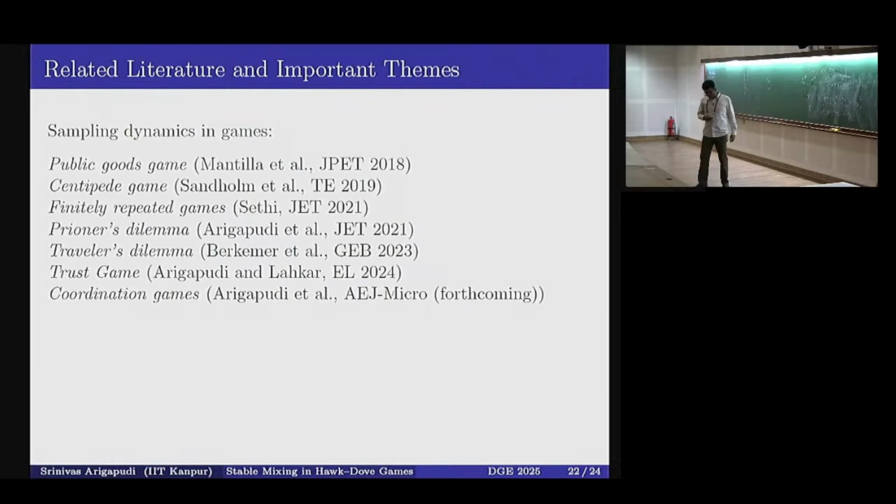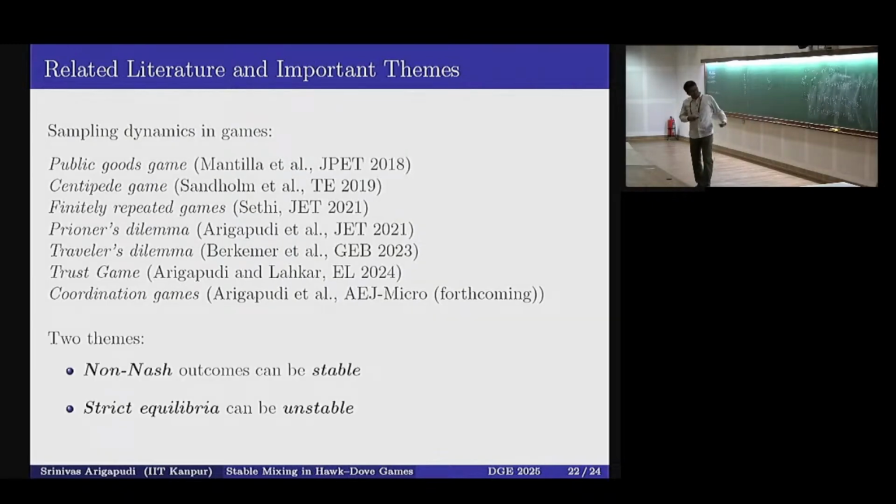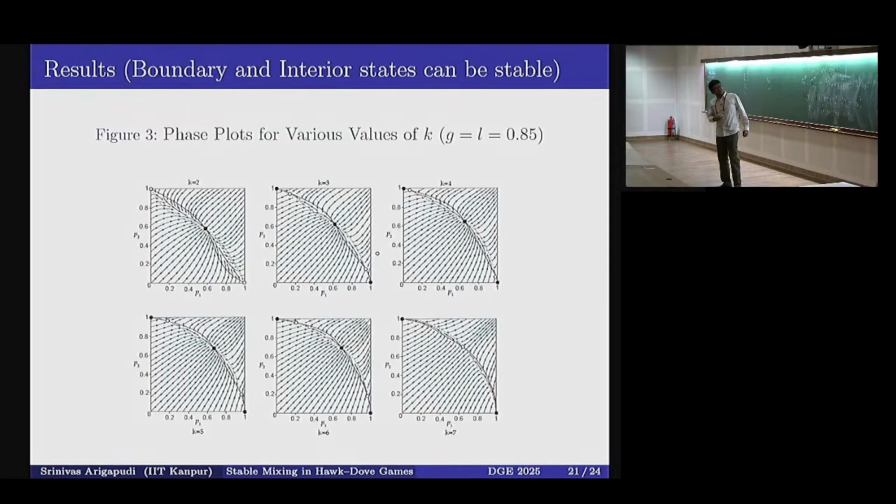And the important themes in this strand of literature, which is based on sampling, are these two things. One is that non-Nash outcomes can be stable, as illustrated here. These do not correspond to either the pure Nash equilibria or the mixed strategy Nash equilibria, yet they can be stable.